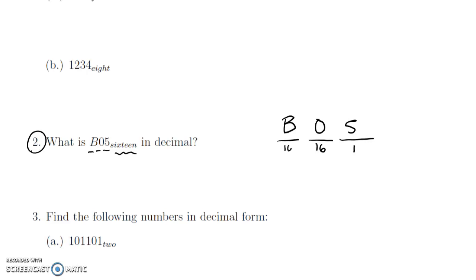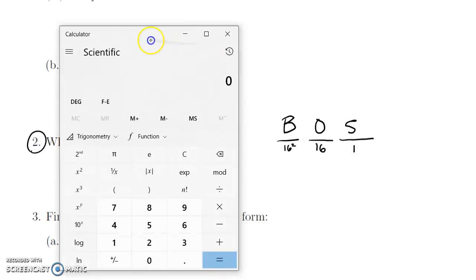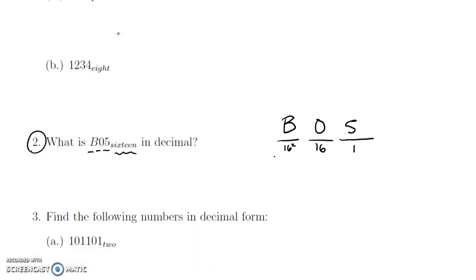The next position will be worth 16 squared, which we can take a look at what 16 squared is going to be. So let's go ahead and pull up our handy dandy calculator. So we need 16 squared. So 16 times 16, which is 256.